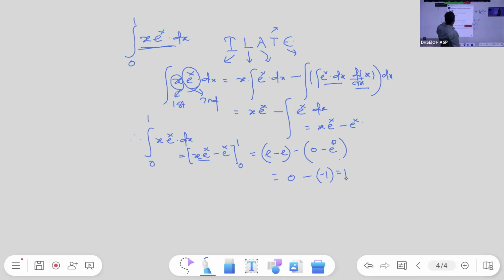Okay, let's move forward. Write down geometrical interpretation of definite integral.